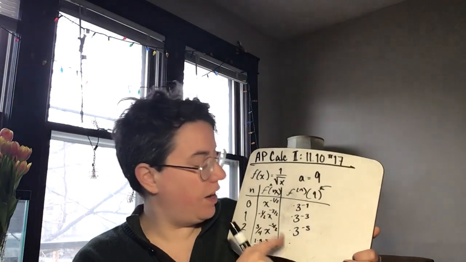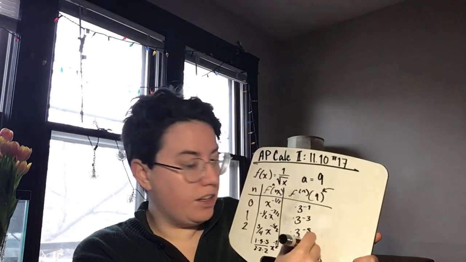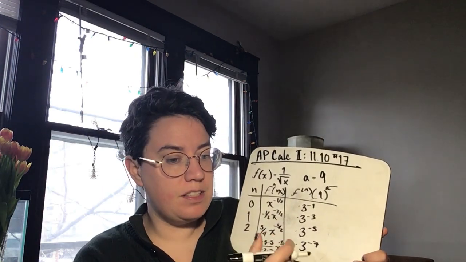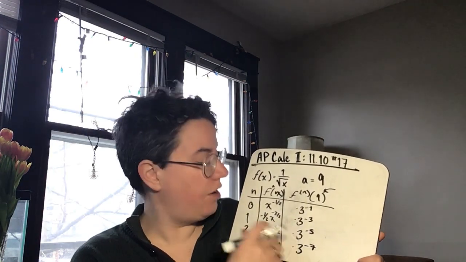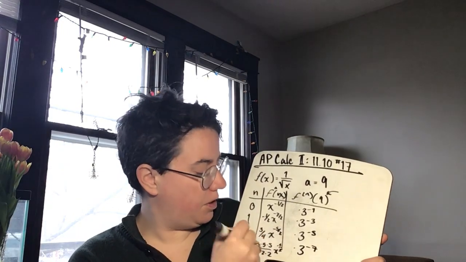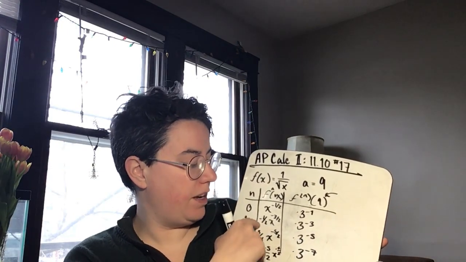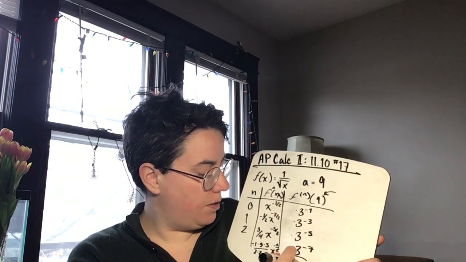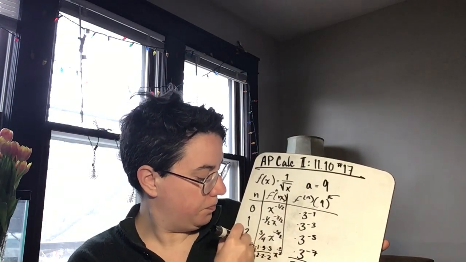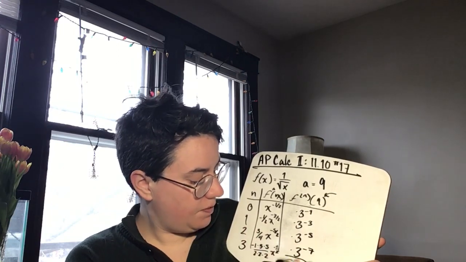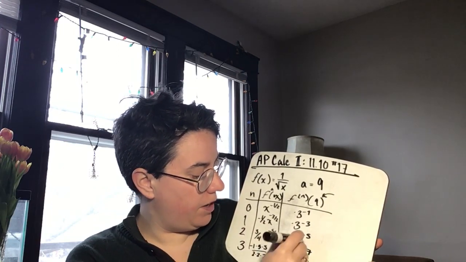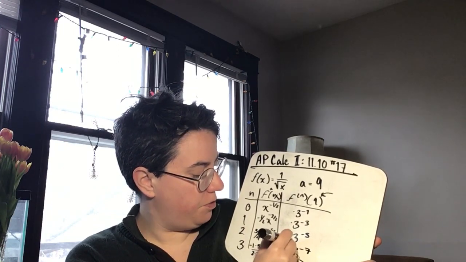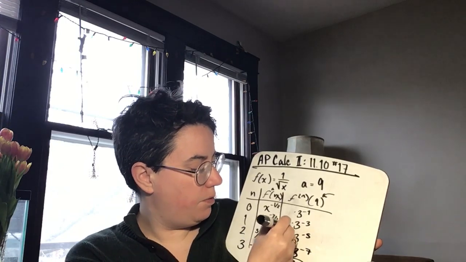So I'm taking the root of 9. So this is the pattern that I'm starting to see here. I'm also going to end up with an alternating portion: negative, positive, negative, powers of 3, powers of 2.